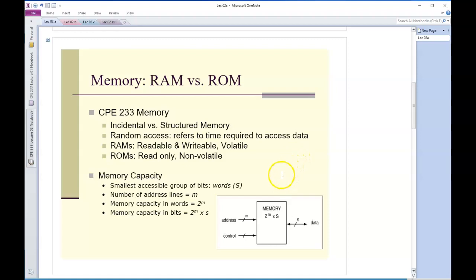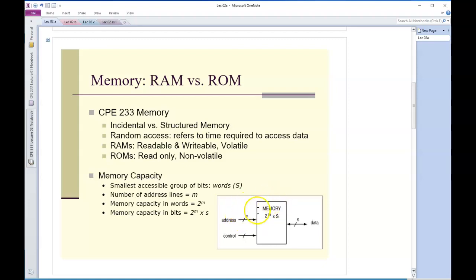These memories are analogous to an array in a programming language, meaning you have to give it an index somehow to get at the data. But in hardware, we give it an address, which is analogous to the index in programming.